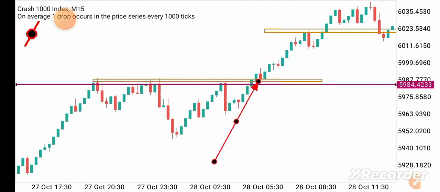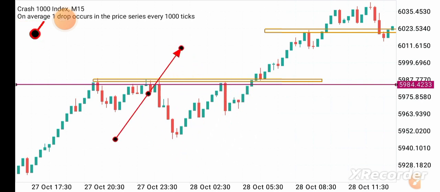So you will not enter. You have to wait for a green candle that will open and close above this zone, then you can enter at that point.